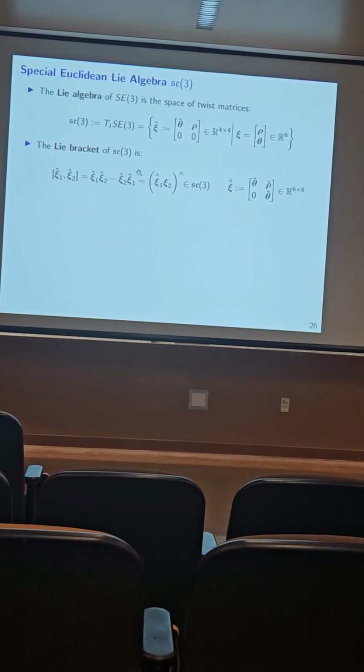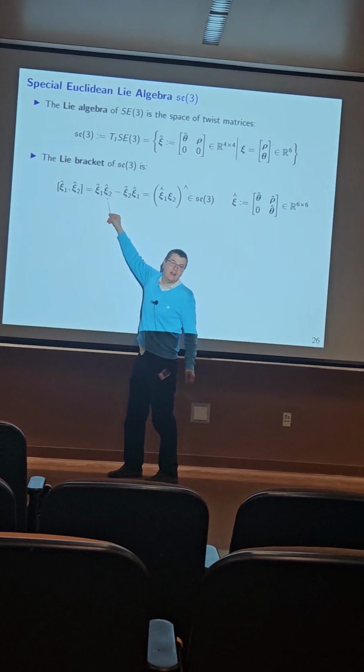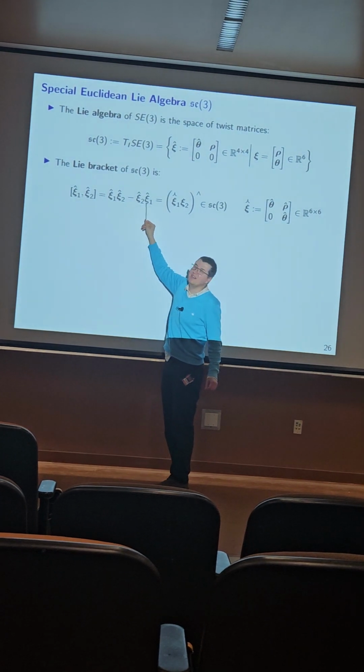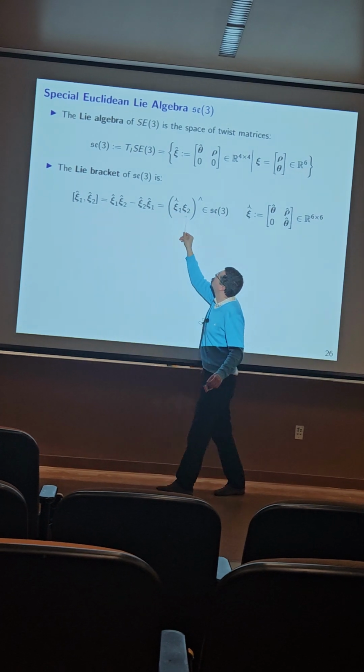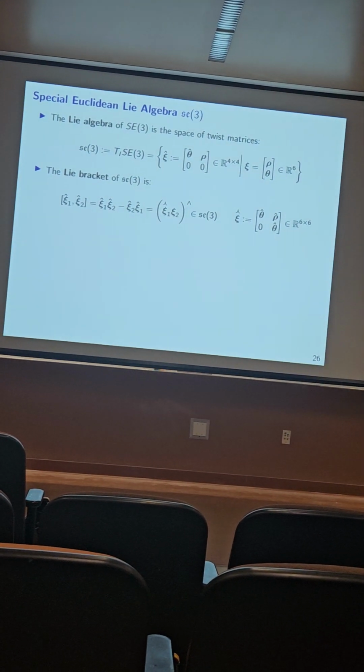So the term we have is something like this, right? We have zeta hat times psi hat minus psi hat times zeta hat. So this is actually the Lie bracket on the pose group, which is some weird thing here we haven't really defined.